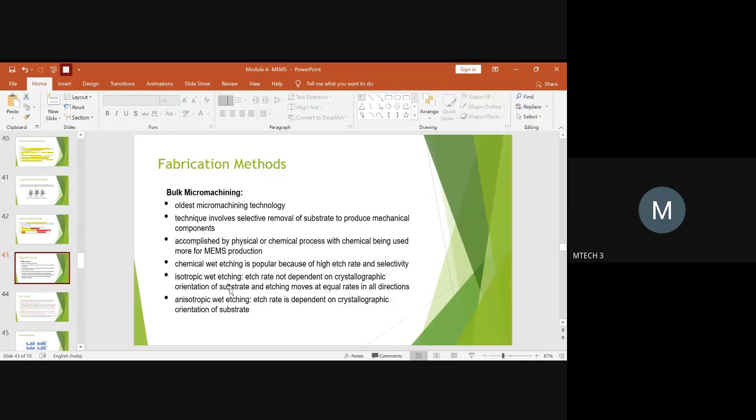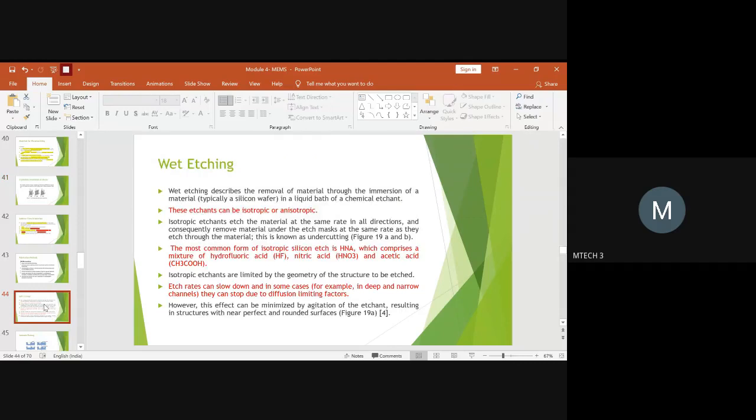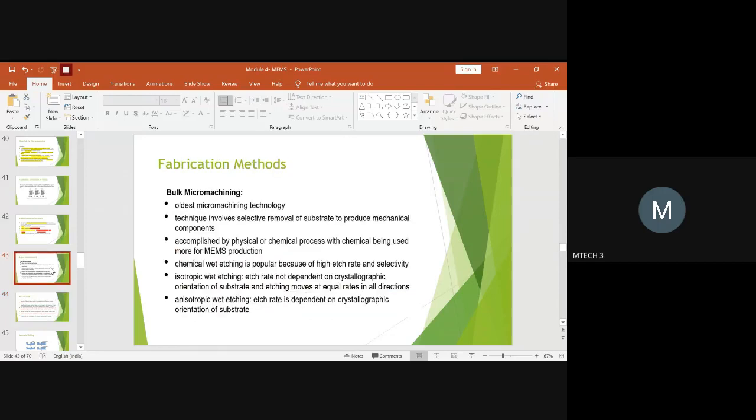I told you that the substrate crystallography plays a vital role. It will be good enough in the 100, 110 and 111 planes. But if you go for wet etching, it will not have any factors associated with the crystallographic orientation of the substrate. So that is for isotropic wet etching.